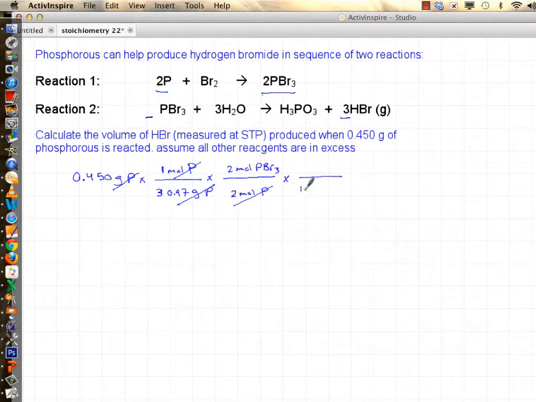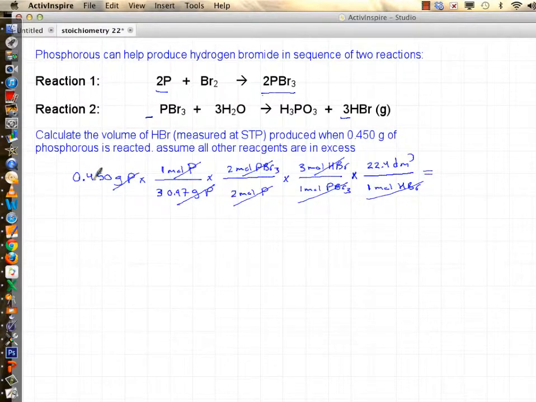For every 1 mole of PBr3, I produce 3 moles of HBr. Denominators go away. If you stop here, you simply have moles of your product. Last thing to do is I use information of STP. 1 mole of any gas, let it be HBr, is 22.4 decimeter cube of volume.